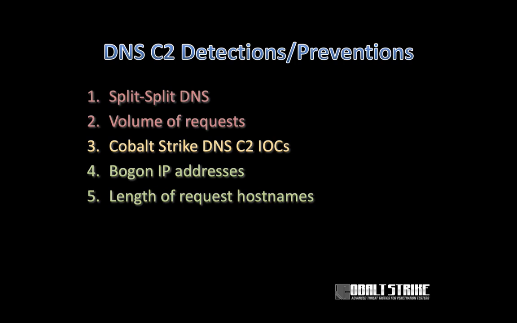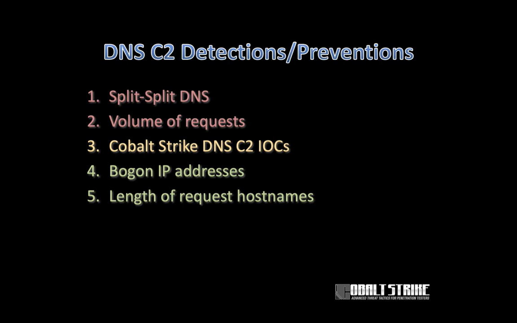A common detection method is to look at the volume of requests tied to a domain or subdomain, and organizations that do this will effectively have an idea of where there's potentially DNS tunneling taking place. The third type of detection strategy is looking for Cobalt Strike DNS command and control specific IOCs. The fourth is to look for bogon IP addresses.